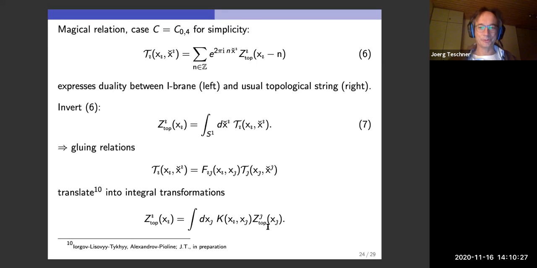Just note, these are sort of two things coming from two sides, right? You could start just classically, work out here these difference generating functions. This defines the integral transformations.